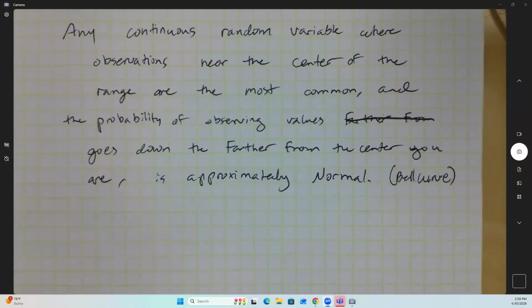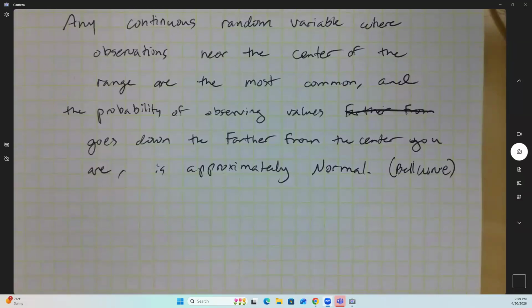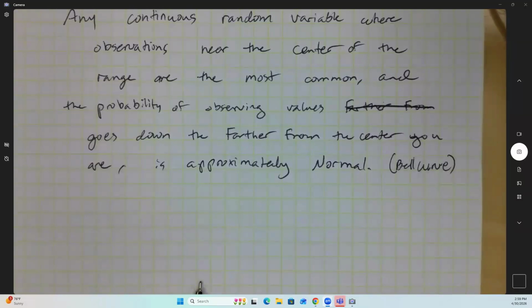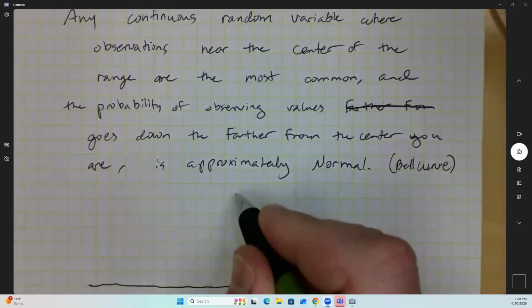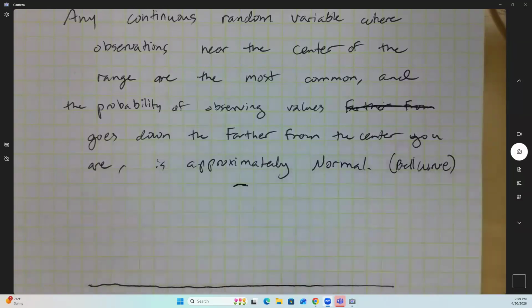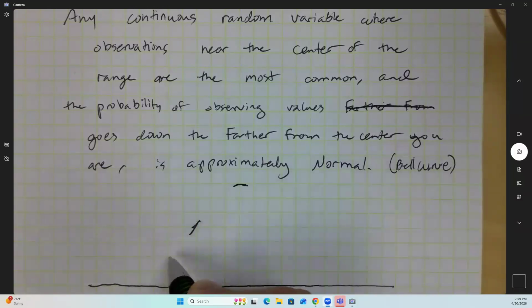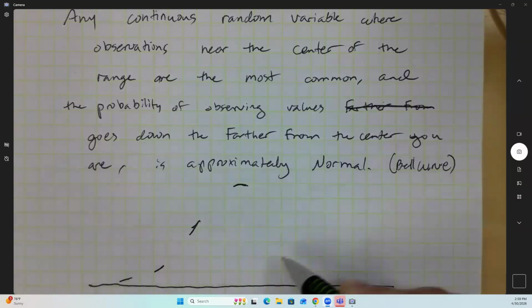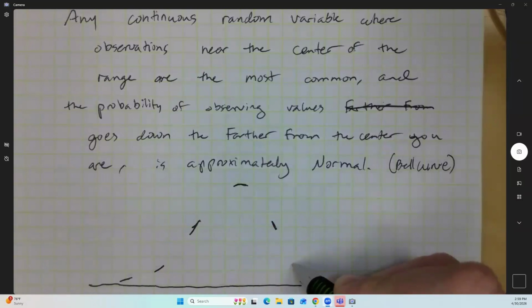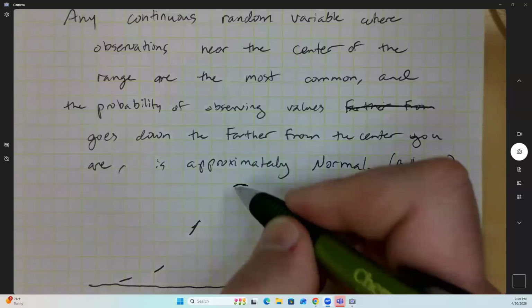Well, let's look at that. If I'm in the center of the range, I have a high probability, and the farther away I am, the lower the probability. That's going to trace out a bell curve.